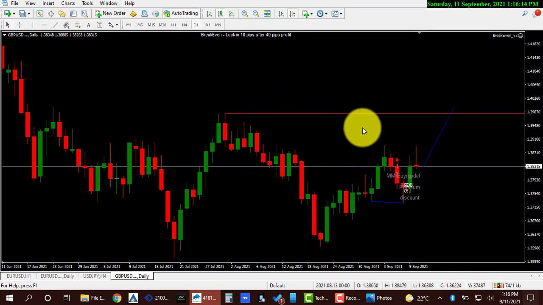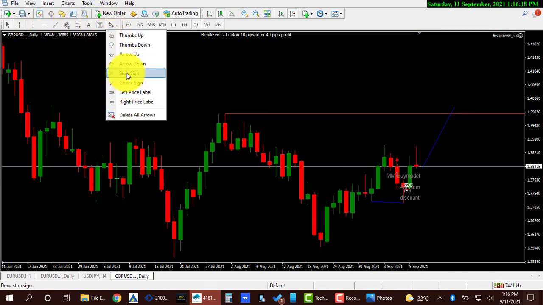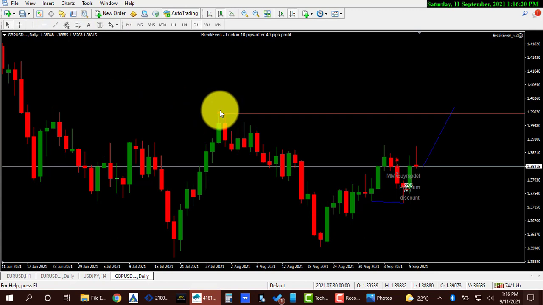On the pound, I'll be expecting price to go up into these highs over here in the coming week. And then you have a potential market maker buy model on the higher time frame on the pound.